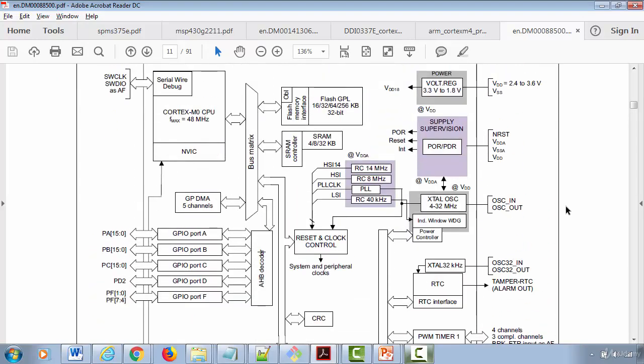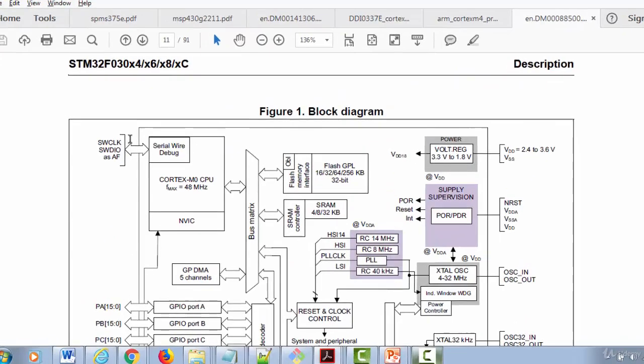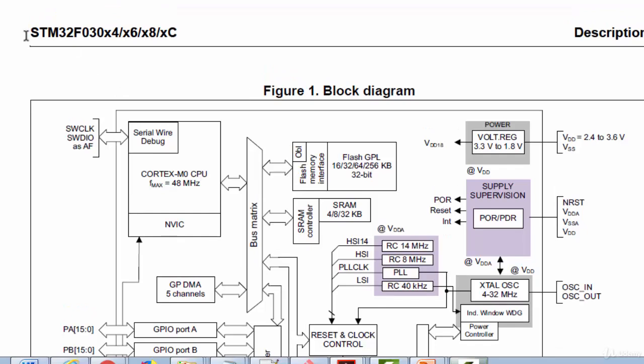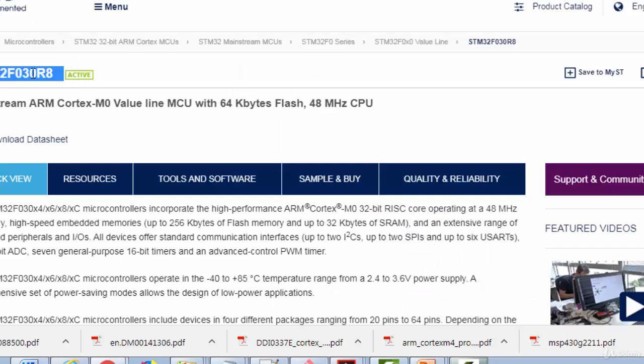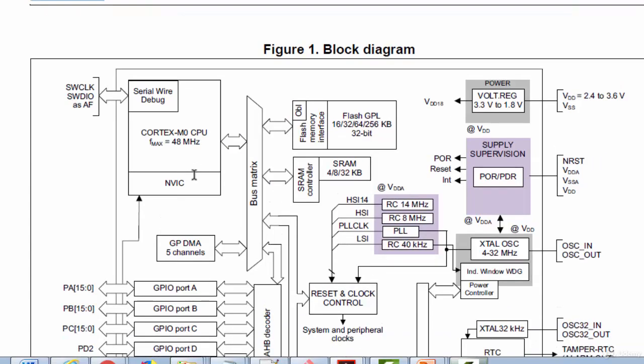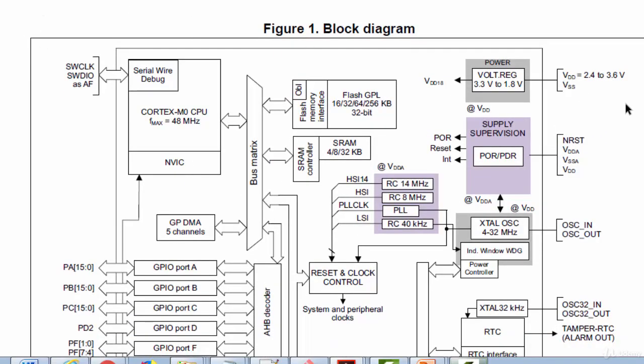Here also you can see a CPU block, which is a Cortex-M0 CPU in this case, because the STM32F030R8 is based on a Cortex-M0 CPU.